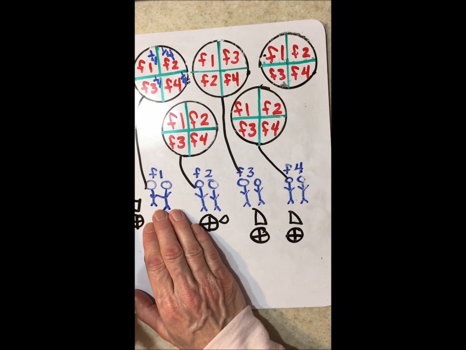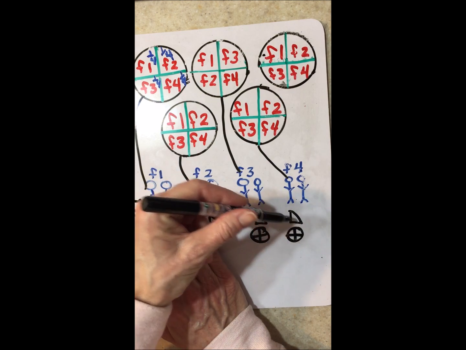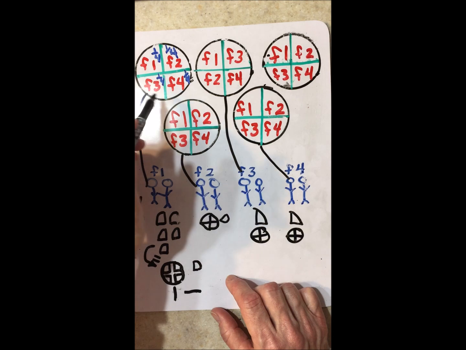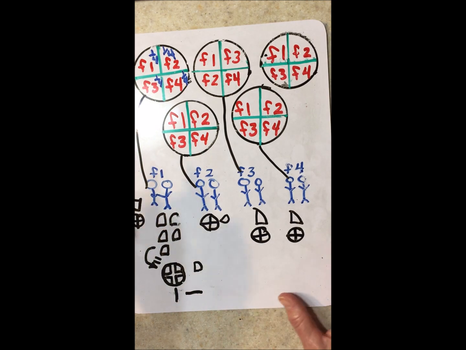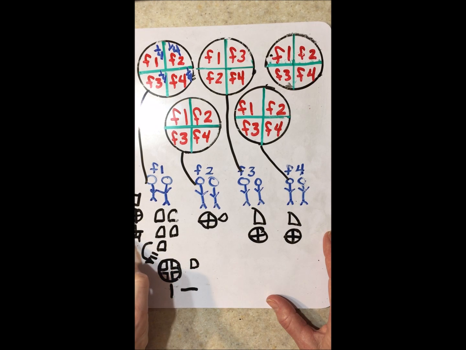So each family received 1 full pie and a 1/4 of each of that last pie. Another way to say it, they each got 1 whole and 1/4. I'm getting ahead of myself. 1 whole pie and a 1/4 of that last pie.